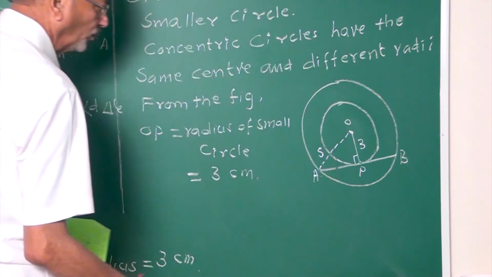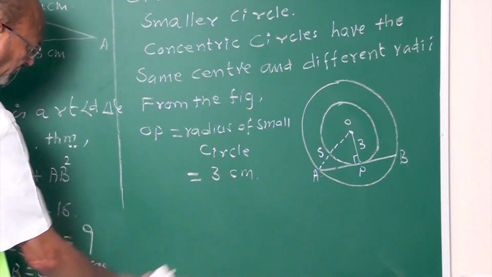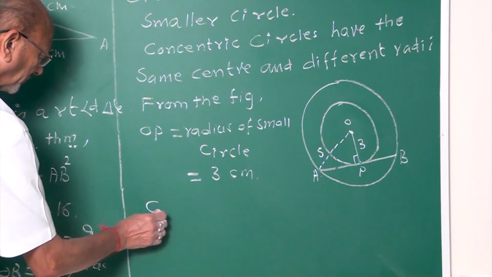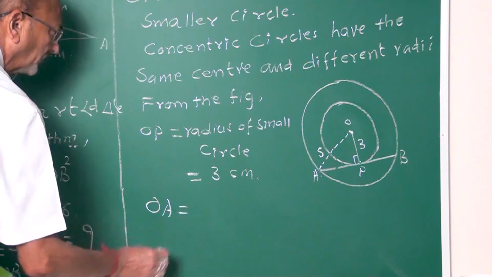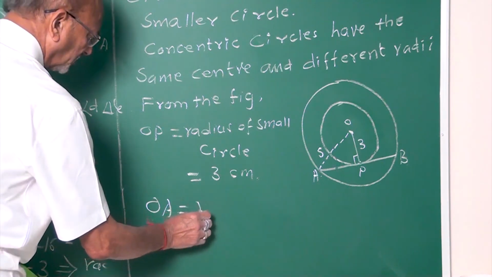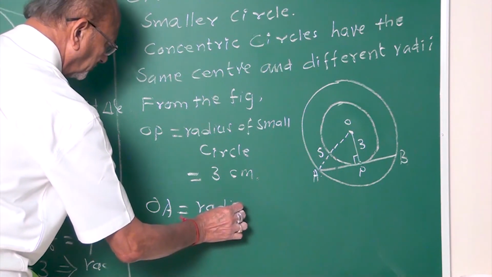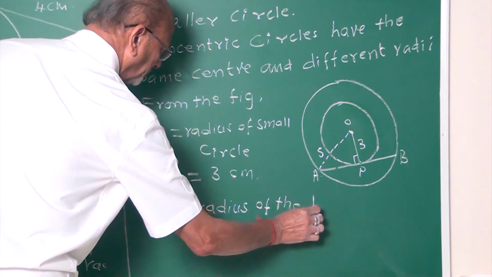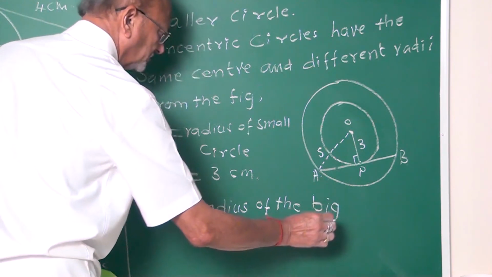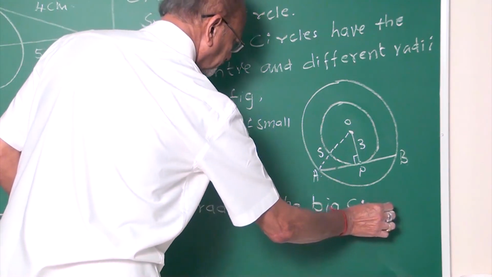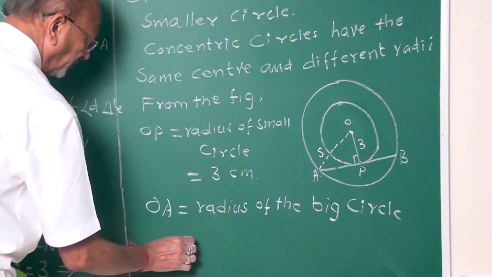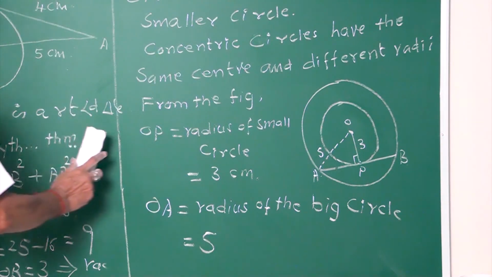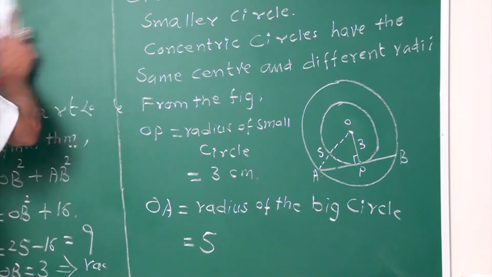Next, OA, radius of the big circle or bigger circle. This is given as 5. And what is AB? Chord of the big circle.